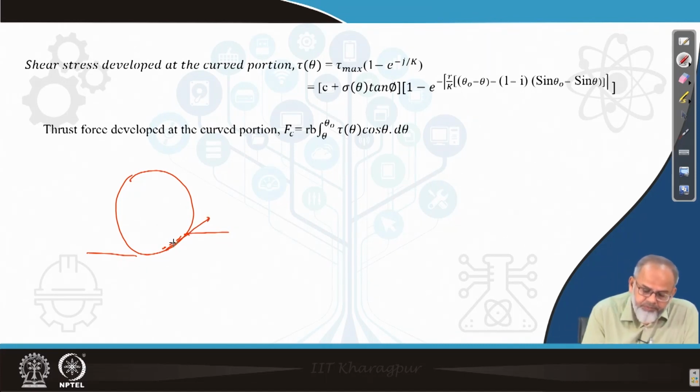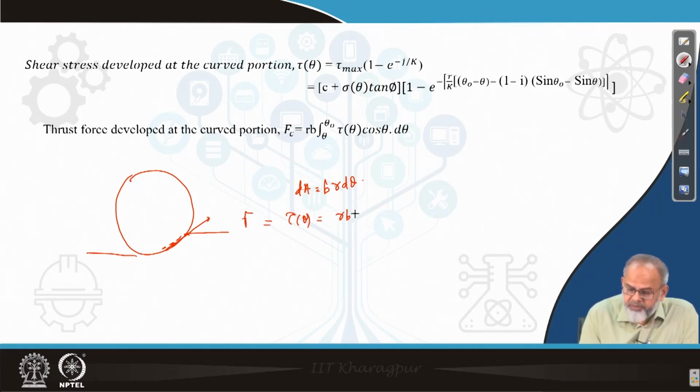We have considered a point A. The elemental area dA will be equal to, if B is the width of the wheel, B into r d theta. Now this has to be integrated. So tau theta into dA will give you the force.